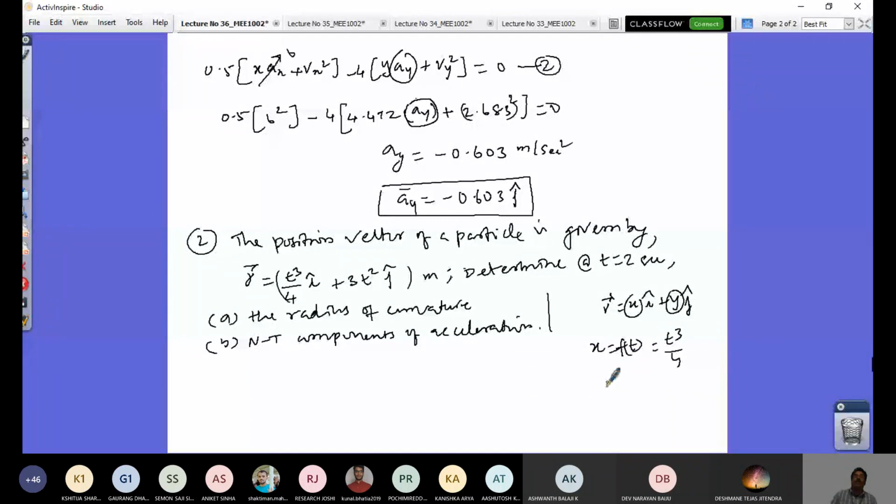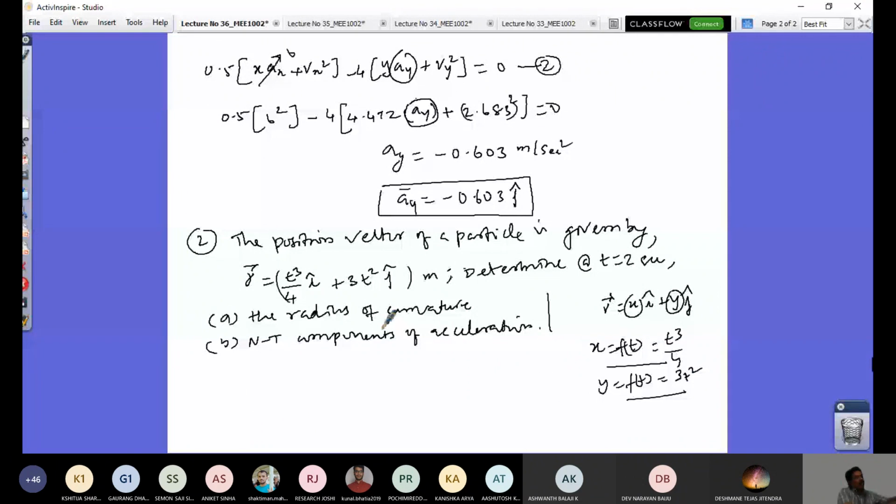The moment you see radius of curvature, if I have my path equation, I can write my radius of curvature given by the formula. What was the formula that we have seen?